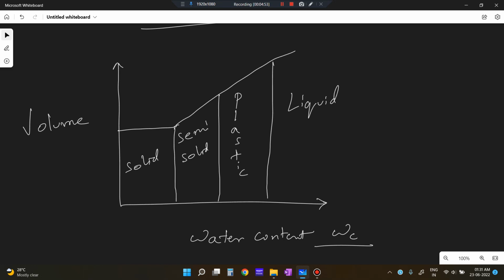These are the four states of consistency: liquid, plastic, semi-solid, and solid.